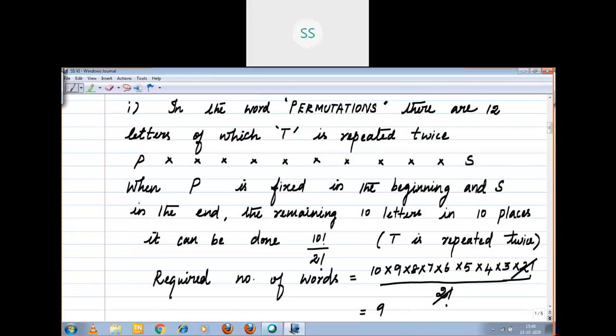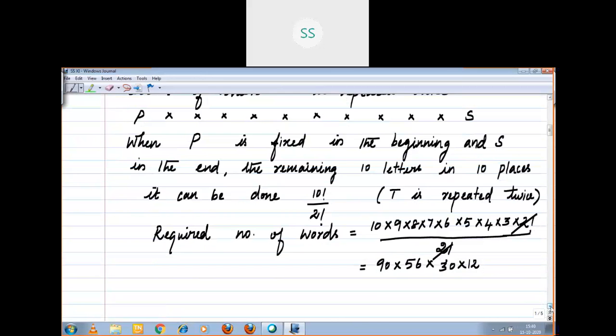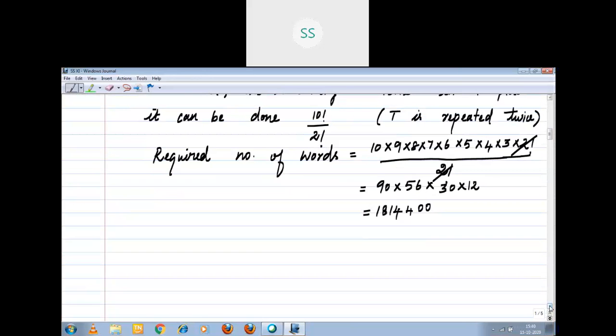So you get the result as 90 into 56 into 30 into 12. Then you have to multiply. You will arrive at the result 1814400. Right, you have to check your answer.